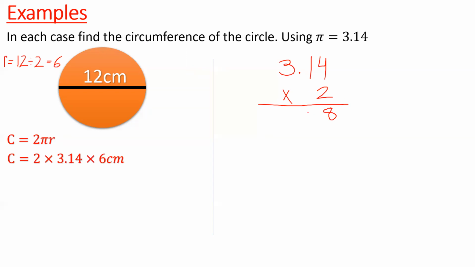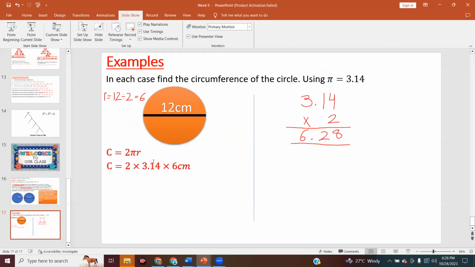Very good. And what is 3 times 2? 6. Very good. So we have 6. So it's going to be 6 point what? 28. 6.28. Very good. So this equals 6.28.